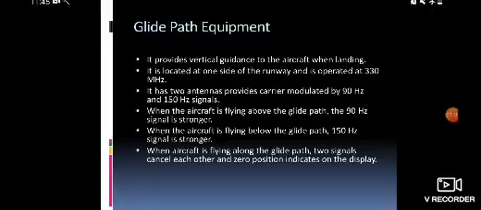The glide path equipment shows vertical guidance, meaning how much height there is whenever we are landing. If the aircraft is flying above the glide path, the 90 Hz signal is going to be stronger, but below the glide path, the 150 Hz is stronger than the other signal. Whenever it is flying along the glide path, the two signals cancel each other, and we will observe a 0 position on the display. So this is the glide path equipment.